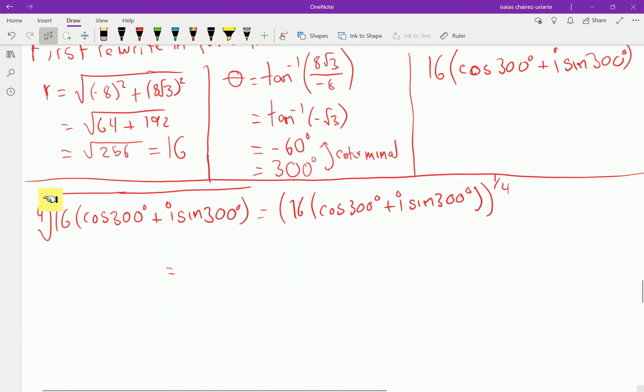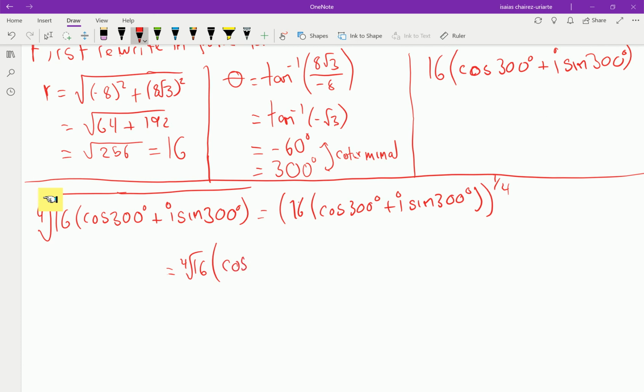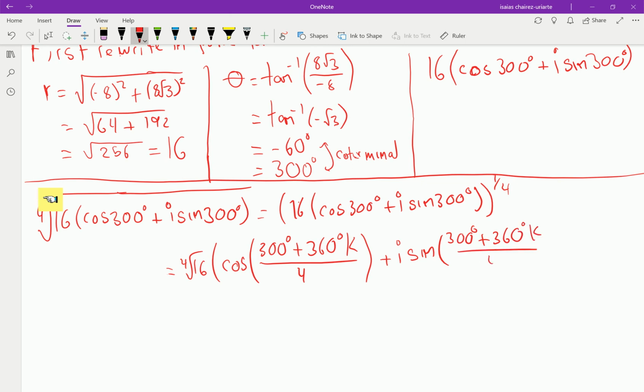So let's employ DeMoivre's theorem right now. So fourth root of 16 times cosine of 300 plus 360k over 4, plus i sine of 300 plus 360k over 4.